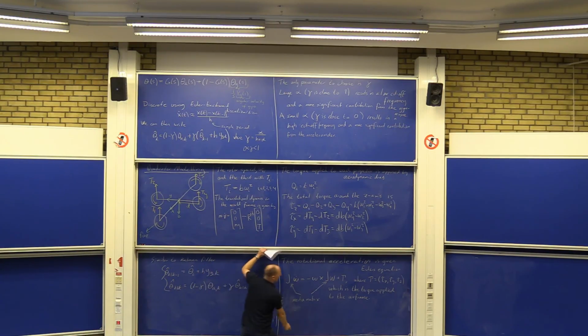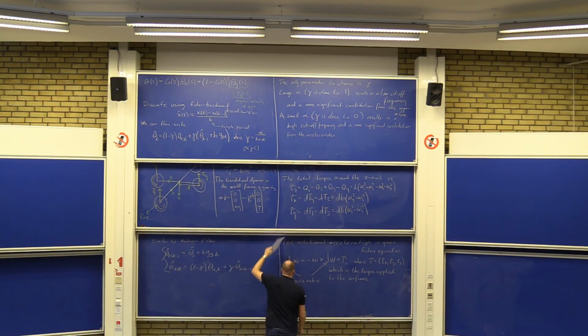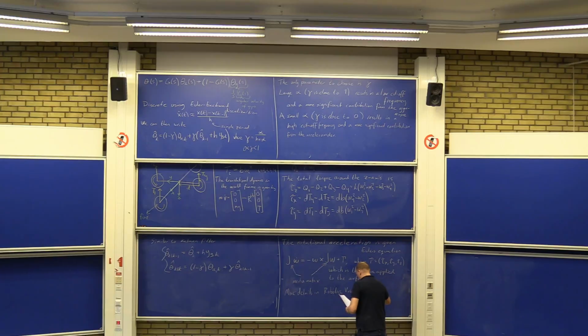So this was basically the equations you needed. But if you're interested in this, you can go to this book that I referred to in the last lecture, Robotics, Vision and Control, which is freely available at the library.